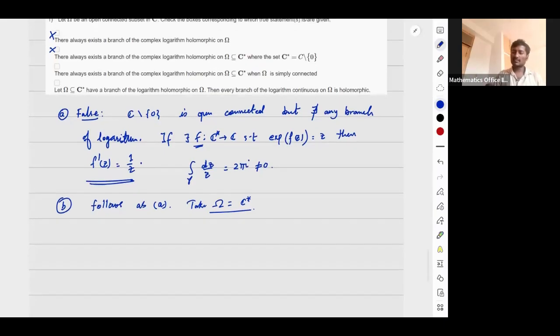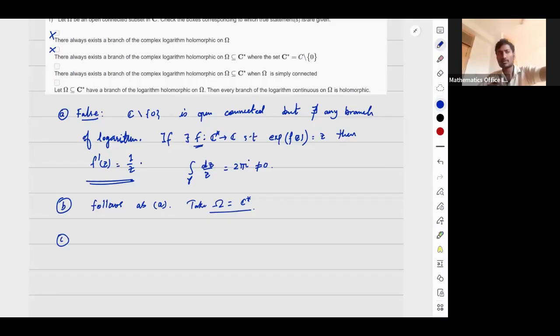In the B, taking C star works. For the C part, there always exists a branch of complex logarithm holomorphic on omega, where omega is a subset of C star, meaning 0 does not belong to omega, and when omega is simply connected. In this scenario, we have seen the proof of existence of a branch of logarithm. There was a trick we were using because it is simply connected.